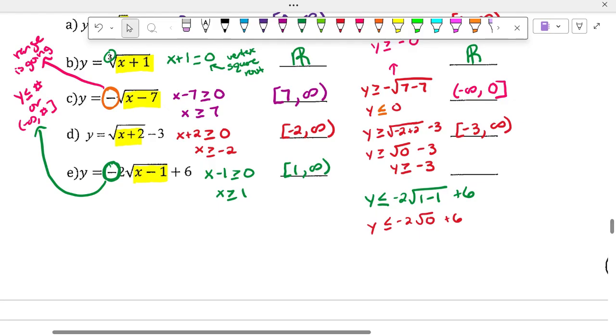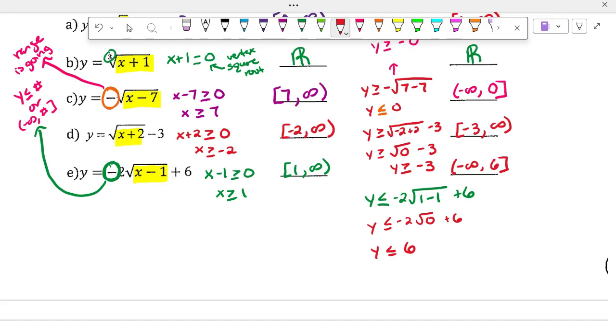No, we're just evaluating. Nope. What's -2 times 0? 0. Plus 6. 6. There you go. So y is less than or equal to 6. So how would I write that in interval notation? Infinity is, or, yeah, infinity. Negative infinity to 6. There you go. So guys, yes.